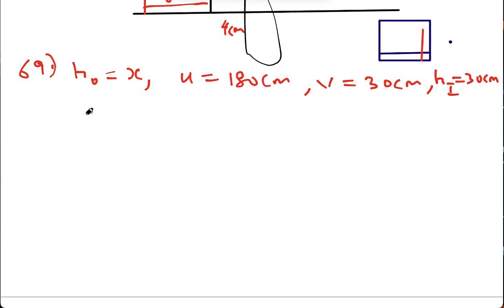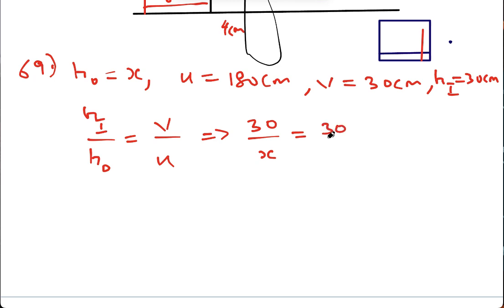The formula for a pinhole camera is that height of image over height of object is the same thing as image distance over object distance, which implies that 30 over x, which is what we are looking for, equals 30 over 180.